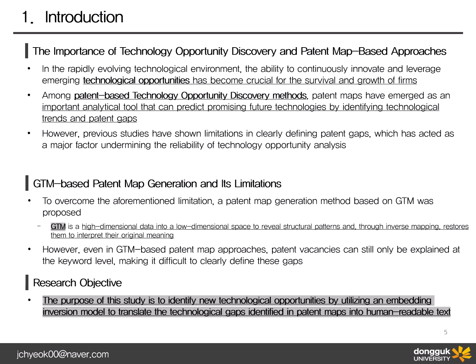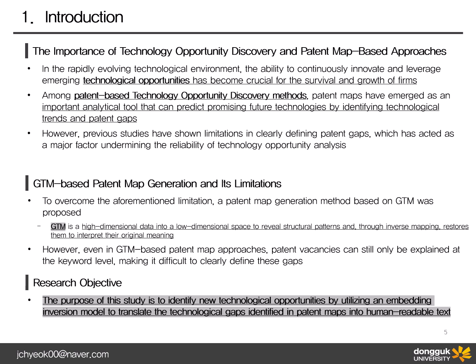Through inversion mapping, it can reconstruct patterns or vacancies identified in the low-dimensional space back into the high-dimensional space to interpret their original meanings. Nevertheless, even GTM-based patent map approaches remain limited, as patent vacancies can only be described at the keyword level, leaving their definitions ambiguous.